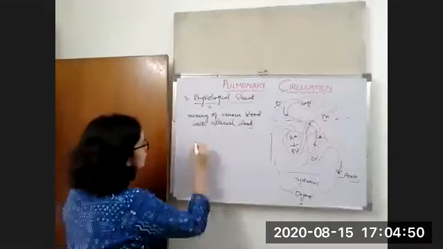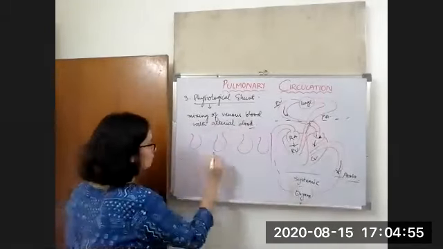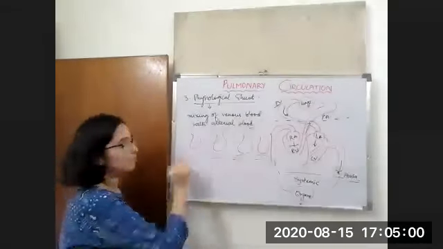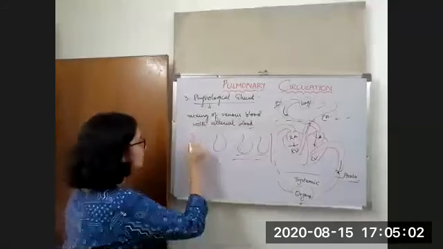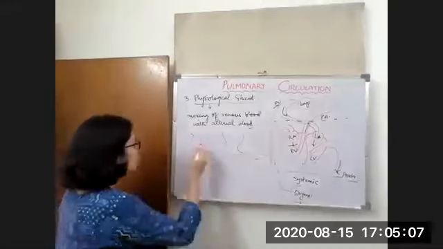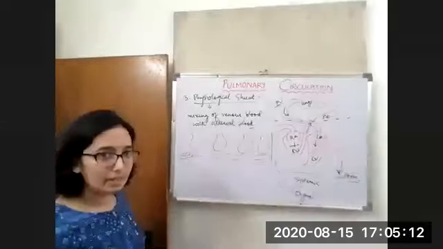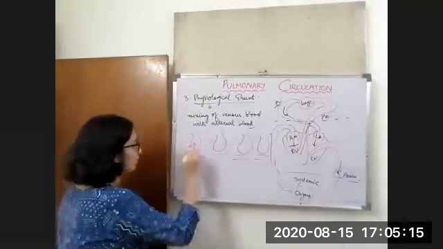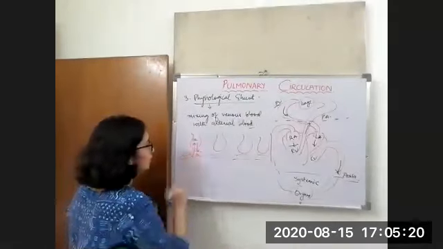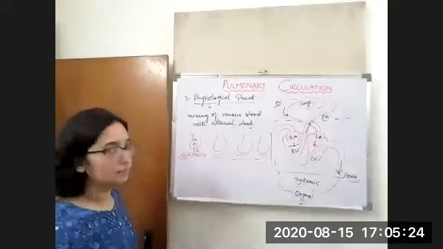Okay. So suppose these are the alveoli. This is your capillary. As you have seen, in the lungs they are in close proximity, that is, the alveoli and the capillaries are closely attached. So what we know is that when the deoxygenated blood containing carbon dioxide goes to the alveoli, it releases the carbon dioxide there and takes up the oxygen, and travels to the systemic circulation.